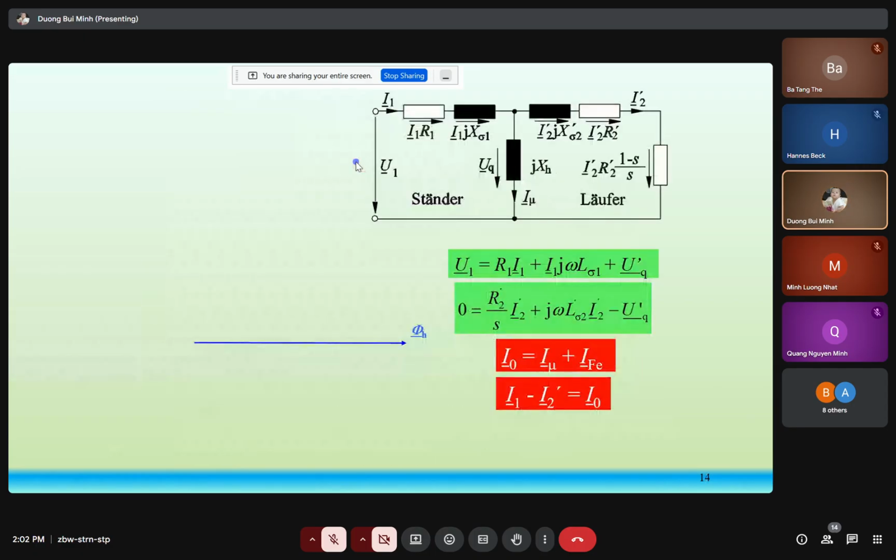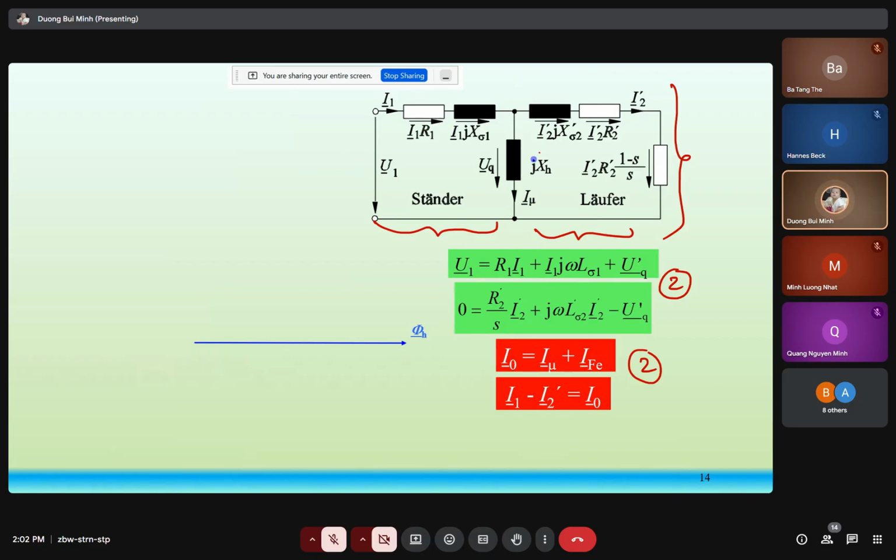So we need to draw the phasor diagram. Again, you need to look back at the equivalent circuit. We have rotor parameters referred to the stator, and stator parameters. We have two voltage equations and two current equations.